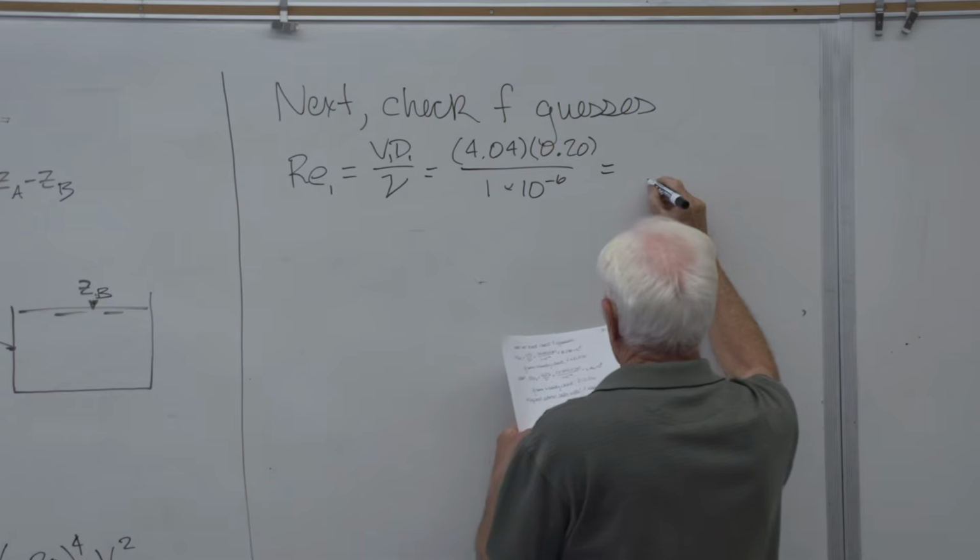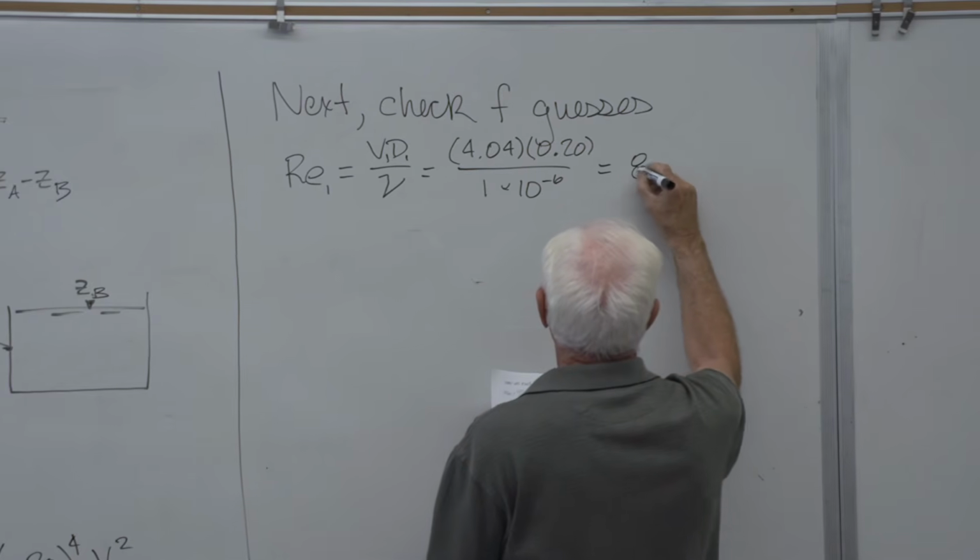Reynolds number is equal to 8.08 times 10 to the 5th.